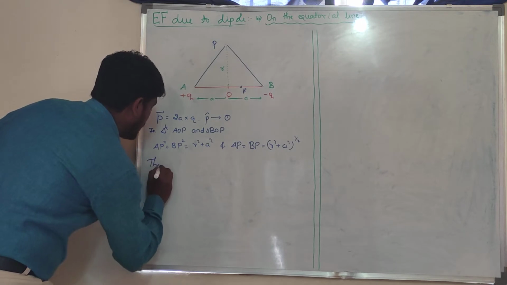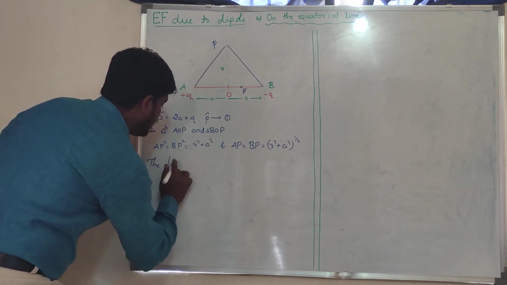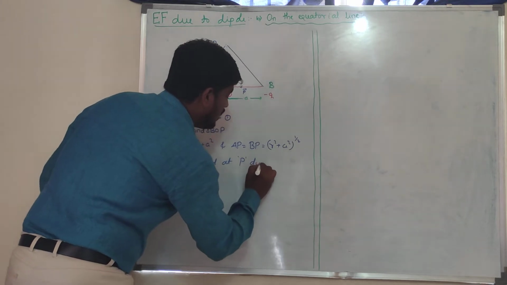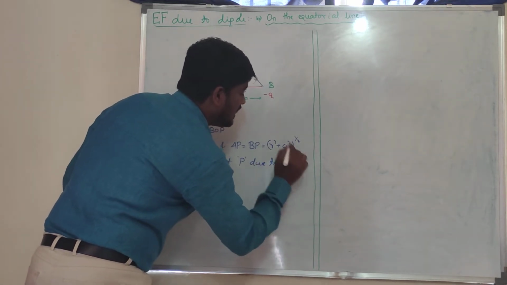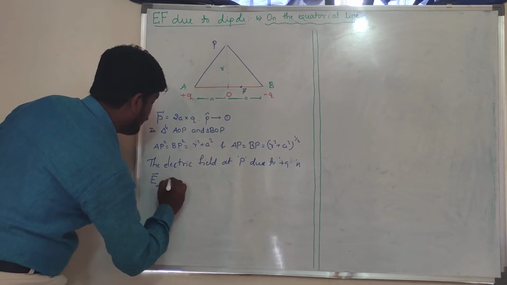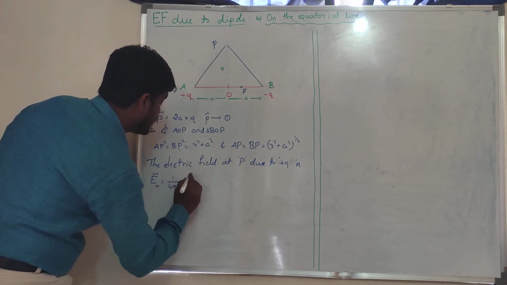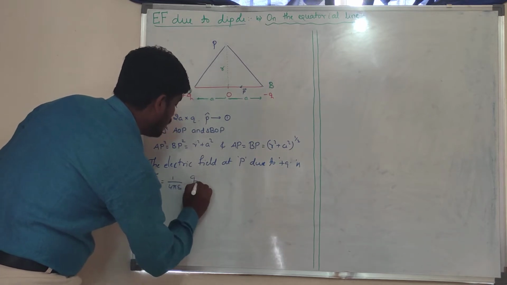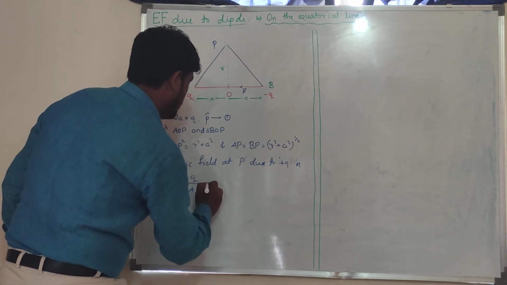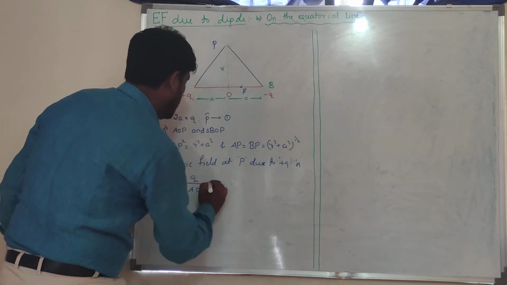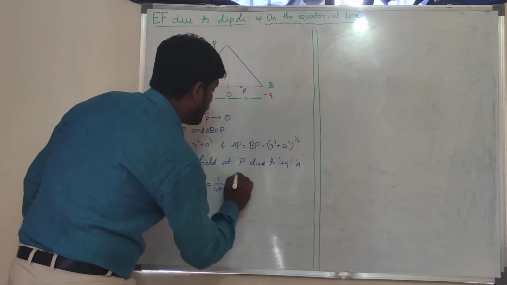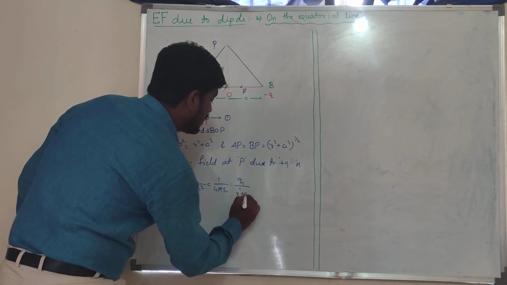The electric field at P due to plus Q: E plus is equal to 1 by 4 pi epsilon naught into Q divided by AP square, that is equal to 1 by 4 pi epsilon naught into Q divided by AP square, which means r square plus a square.